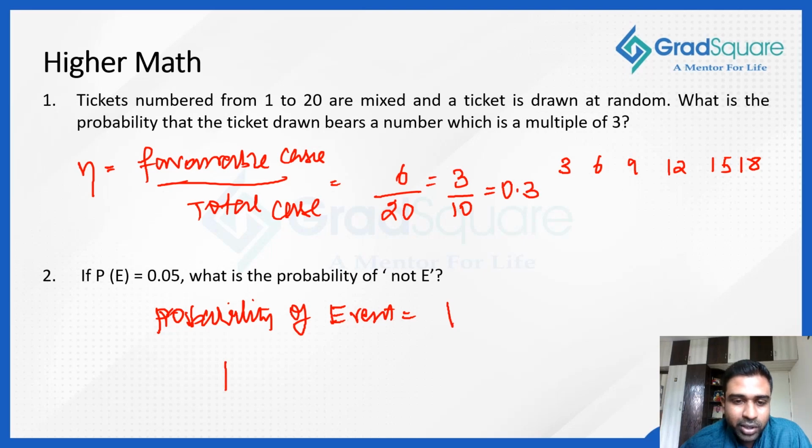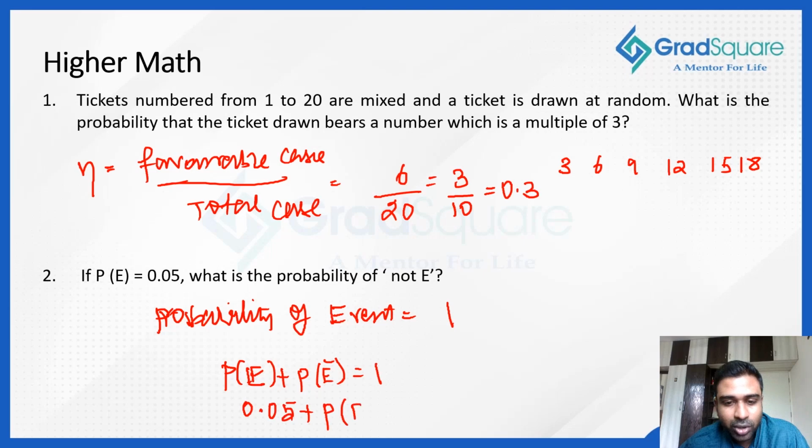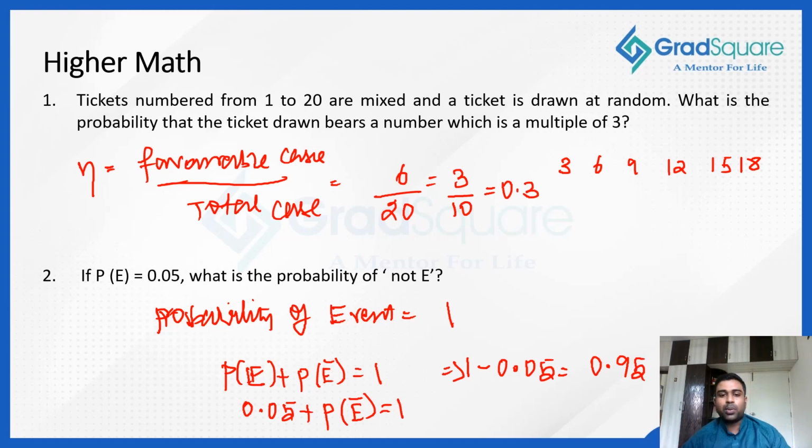So probability of E happening and probability of E not happening should be equal to 1, and it is given in the question that probability of E happening is 0.05. So from this, probability of not E can be found, which is equal to 1 minus 0.05, which is equal to 0.95 is your answer. So probability of not E is 0.95.